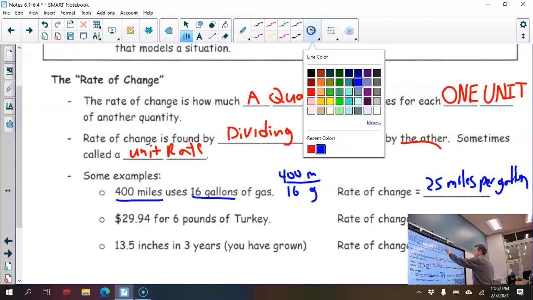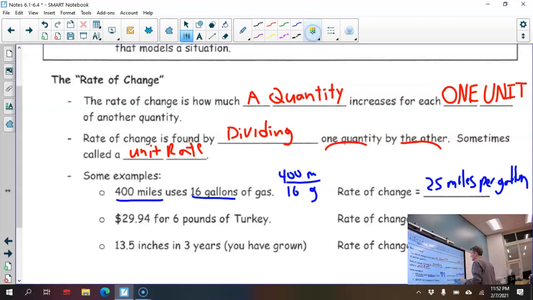All right, now look at what we did. What we have seen here is how much a quantity, in this case our quantity is miles, increases for 1 unit of another quantity. Our miles increases by 25 for every 1 gallon of gas. And how did we find that?